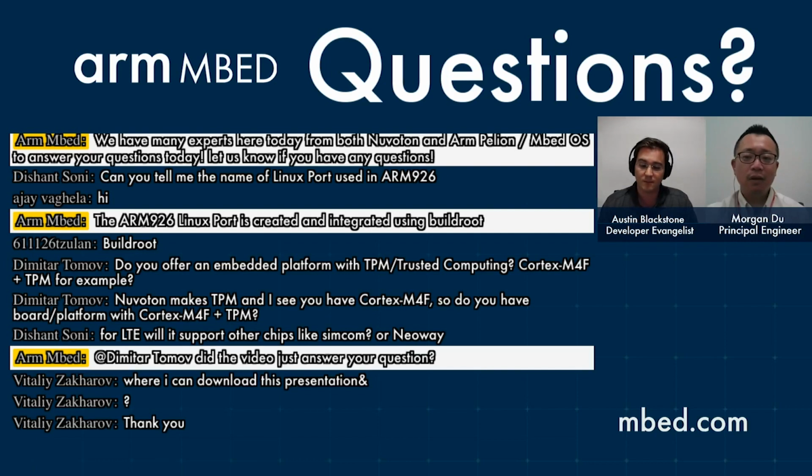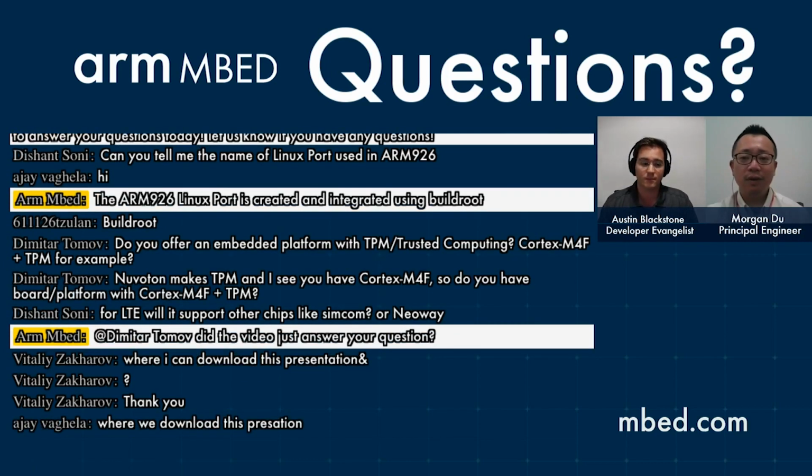So Nuvoton has the Cortex-M2351. It includes a lot of security and is certified by PSA. Sounds great. Thank you so much. Dimitar, if you have any follow-up questions, please do let us know in the comment box down below.